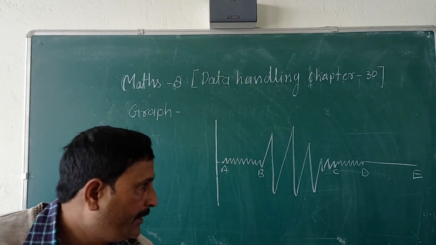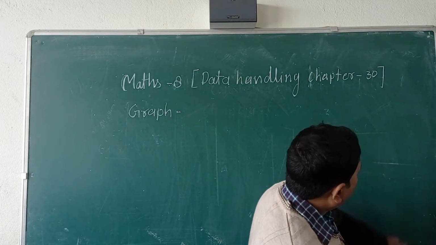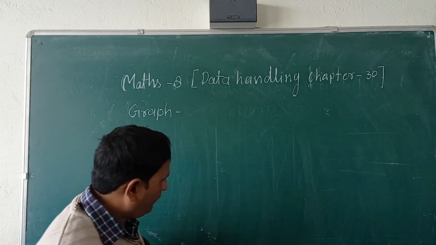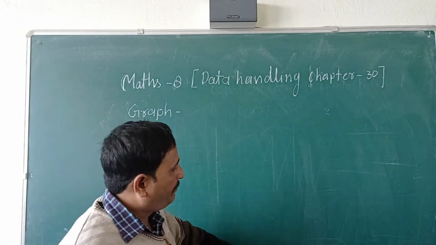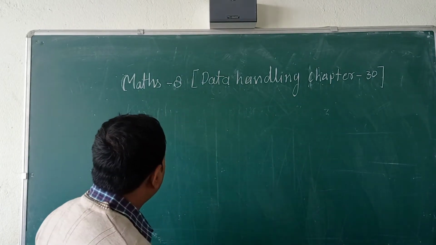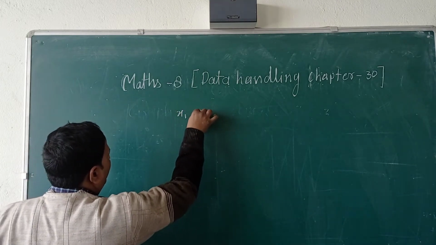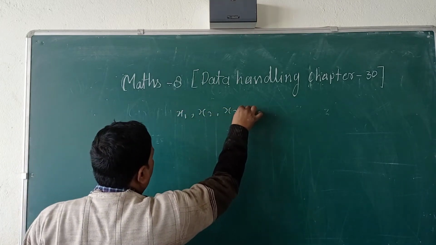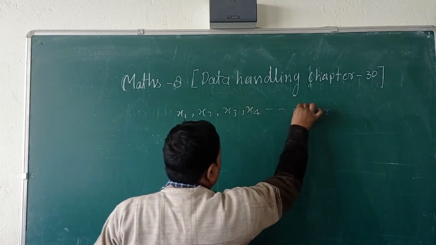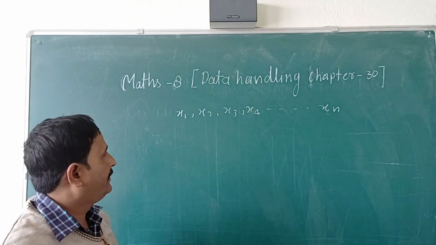Now in this chapter we have to study frequency distribution table, histogram and pie chart. Suppose x1, x2, x3, x4 observations are given.